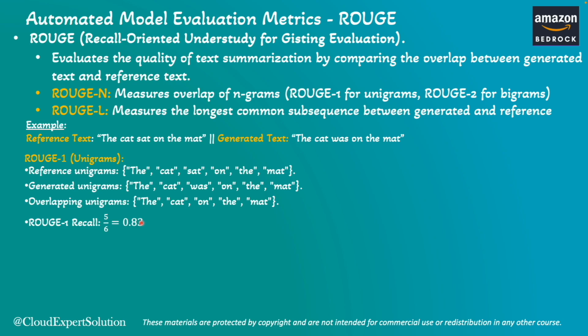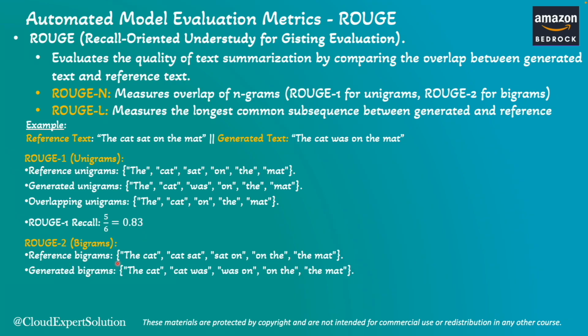Now, if you want to understand ROUGE-2 or bigrams, in that case, the reference bigrams will be the cat, cat sat, sat on, on the, the mat. In this case, we are going to use 2 words at a time. That is why it's called bigrams. And the generated bigrams will be the cat, cat was, was on, on the, the mat.